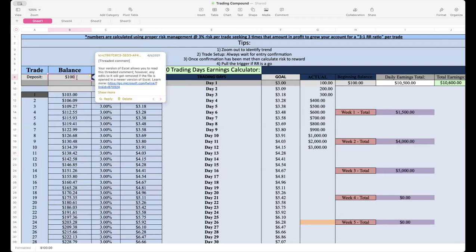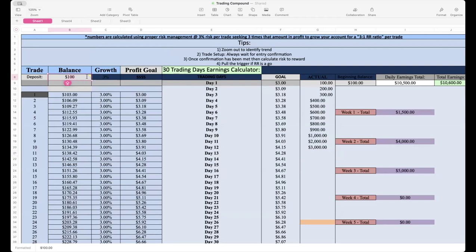I want you to put it in this balance. Okay. And every day, let me remove this. Every day, I want you to put in what your total is for the day.